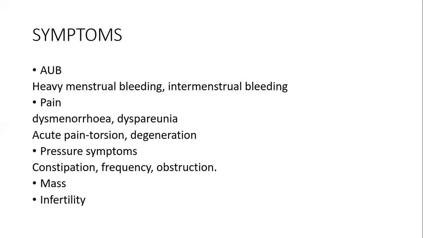Commonly women would feel a mass on their tummy, and for some it's very severe. They might think it's a pregnancy, but it's not a pregnancy, it's a fibroid. And then we have infertility, couples who have been trying to conceive but have not been successful.